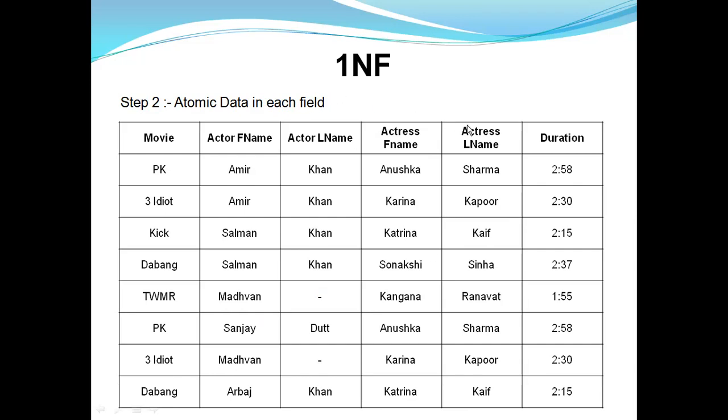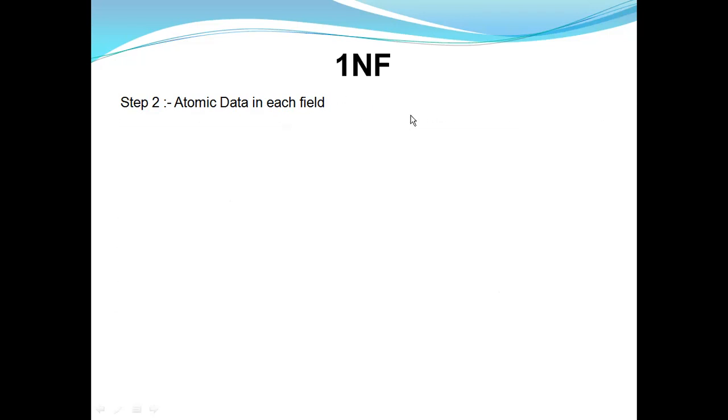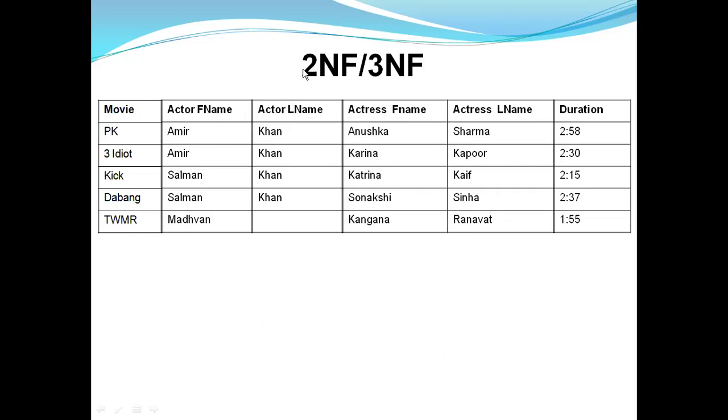Now, let's reduce the data. Now we have to look for the second NF or third NF. Now we have seen that 2NF and 3NF are almost the same. What's the difference? One major difference is single field primary key or composite primary key.